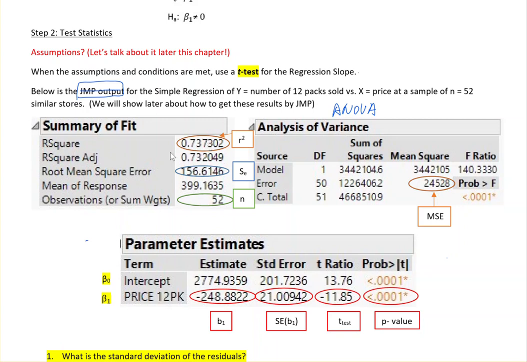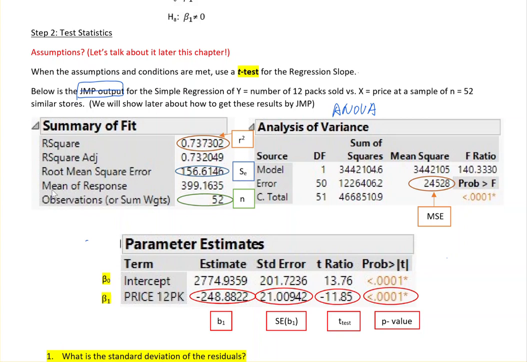Alright, and next one is R square adjusted. We will use R square adjusted in multiple regression, so let's skip it for now. Next, the root mean square error. Still remember what this is? The root mean square error is SE, which is the standard deviation of the residual.